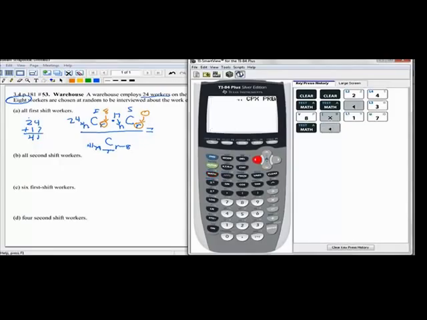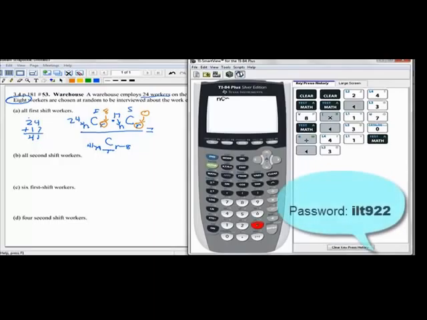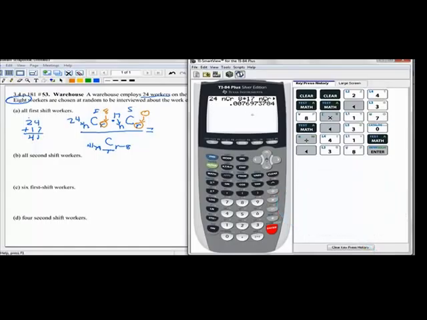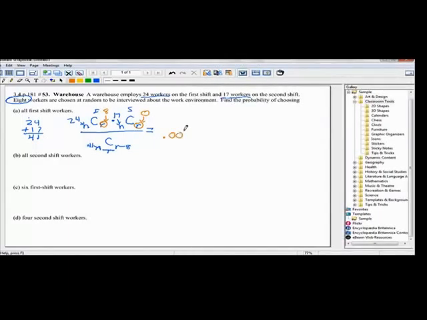Number 3, choosing 0 of those, and then we're going to divide that by 41 choose 8: combination, math, 3, and we choose 8 of those. That gives us 0.00769. Rounded to 4 decimal places, that's 0.0077 for part A.